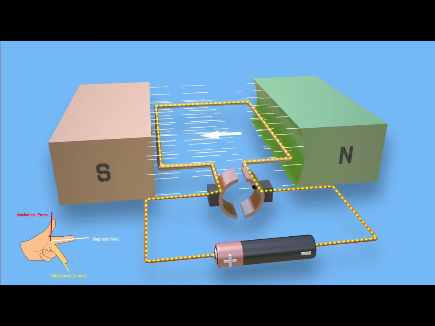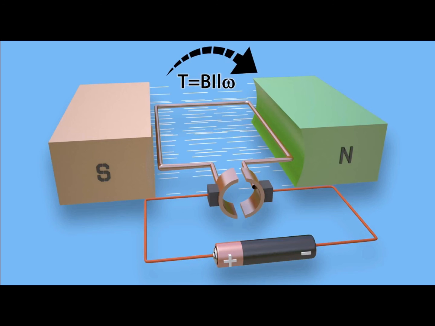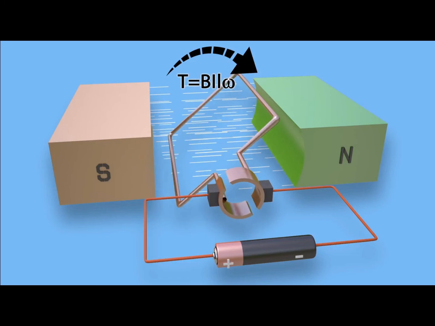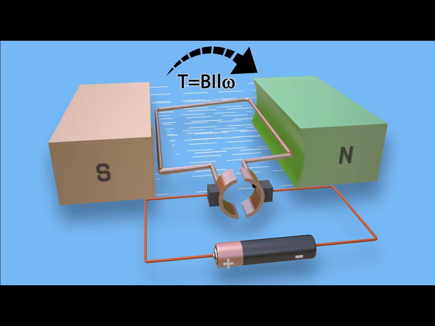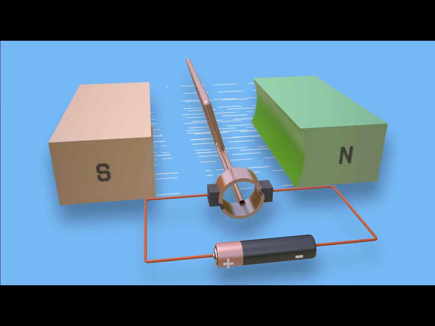Likewise, with the second finger aligned with the current in the right side conductor, the thumb indicates the force, which is clearly downward. So the upward and downward forces tend to rotate the turn in the clockwise direction.